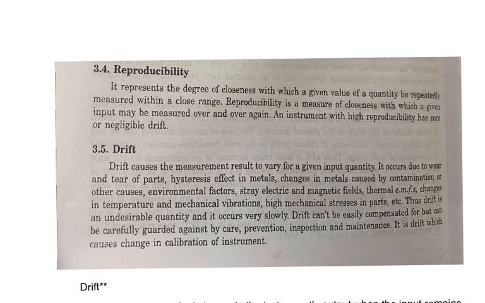Thus, drift is an undesirable quantity. It occurs very slowly. Drift can't be easily compensated but can be carefully guarded against by care, prevention, inspection and maintenance. It is drift which causes a change in calibration of the instrument.